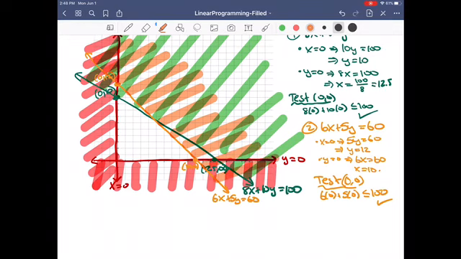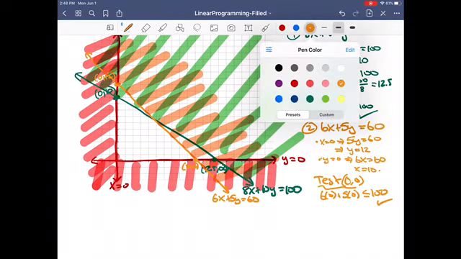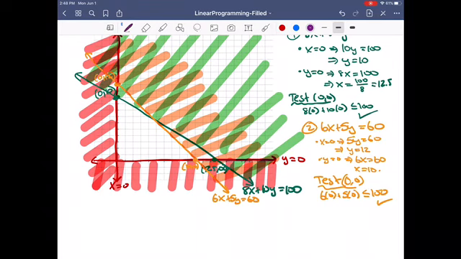Okay, so our feasible set is bounded. It has a corner point here at 0, 0. Let's call that A. Corner point here at 10, 0. Okay, that's B. Corner point here at C, which is actually 0, 10. So we already know all of these. And then there's going to be one more corner point at D, which we don't know.